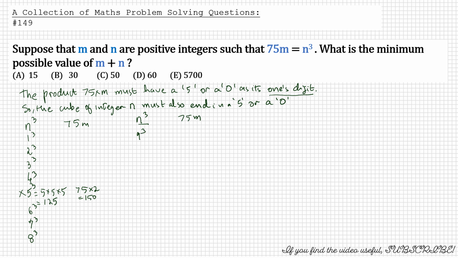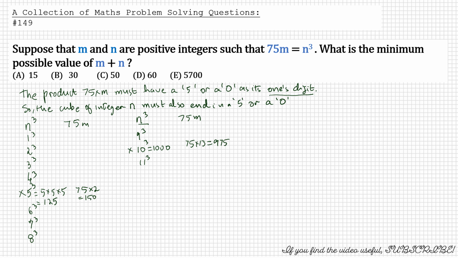So 9 cubed, no. 10 cubed will give you 1000. And the closest you get with 75 is 75 times 13, and that is 975. So that is still not equal. So we can rule out 10 cubed.